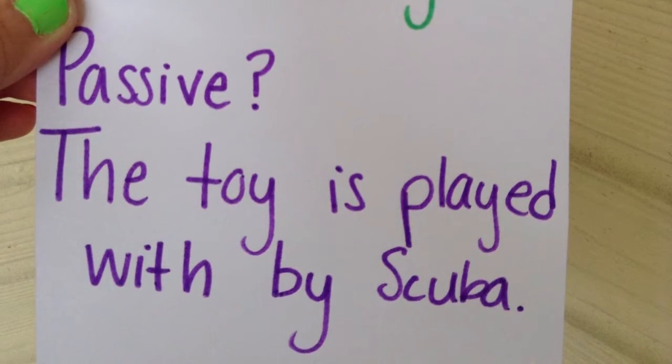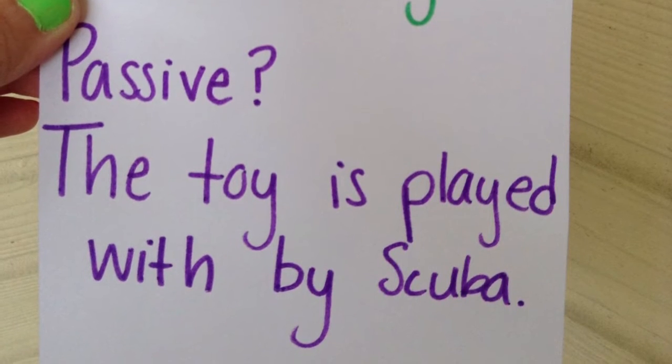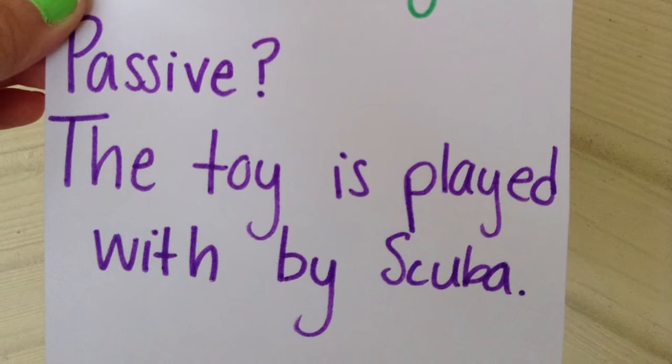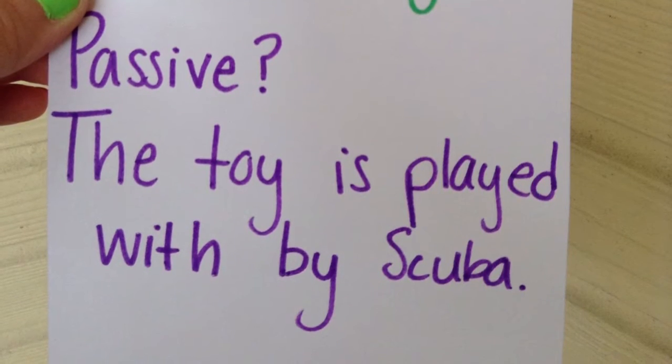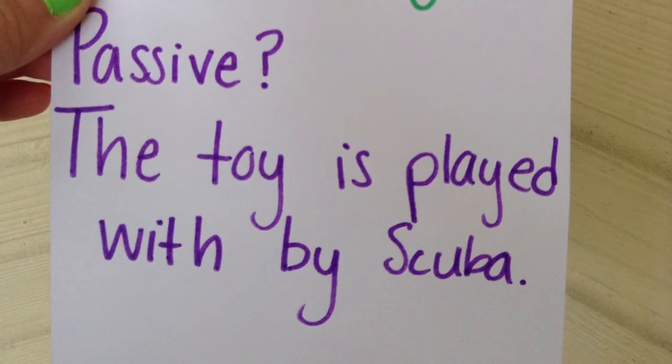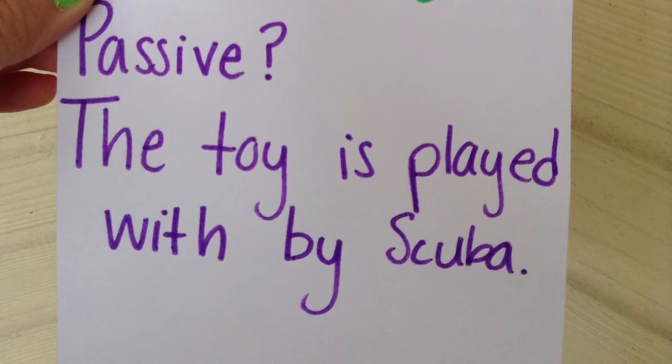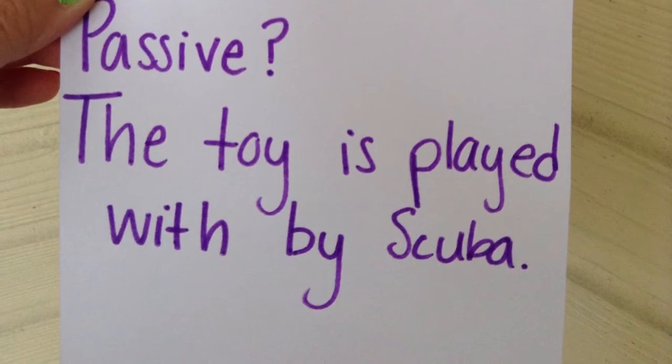When we form the passive, the toy is played by Scuba. The object, the toy, comes first, Scuba, the subject, comes last, and here we see an indirect relationship between the object, the toy, and the subject, Scuba.